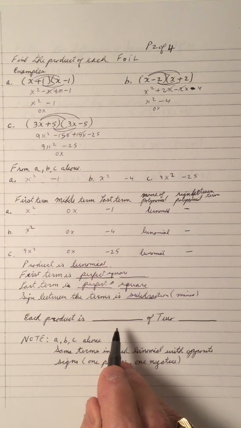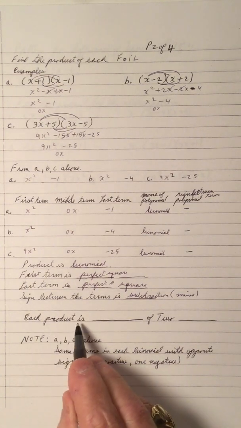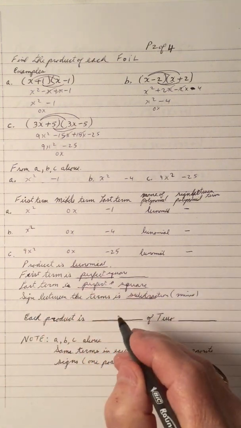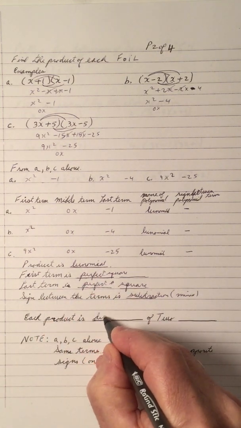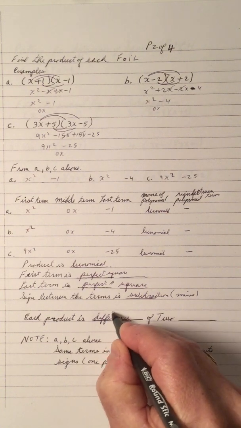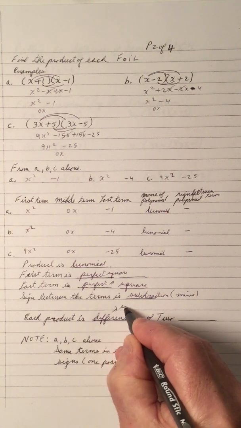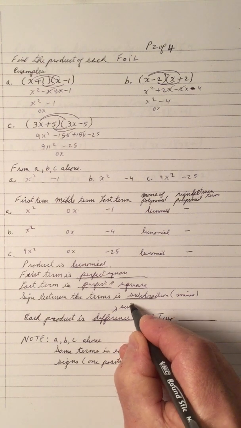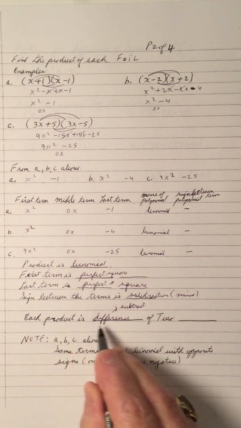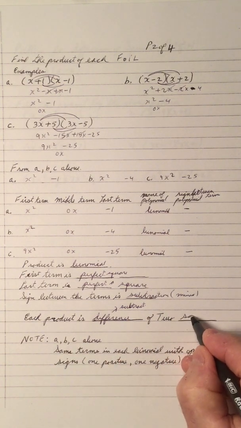That means when we look at this, each product is what we call the difference. And when we say difference, we mean subtract. It is the difference of two squares.